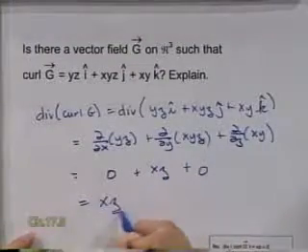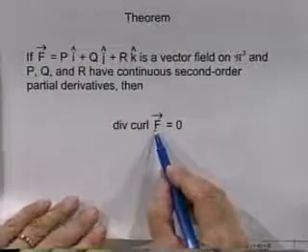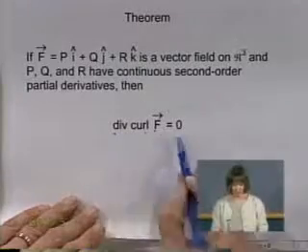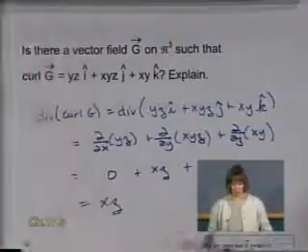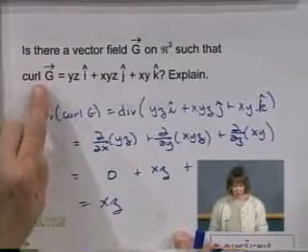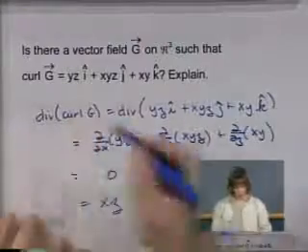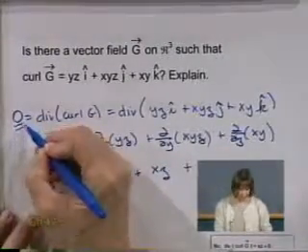We get xz. Well, we just proved a few minutes ago that if you give me any vector-valued function, if I take the curl and then the divergence, I get 0. So if I could find some G so that the curl of G was equal to this, then the divergence of the curl of G always has to equal 0.